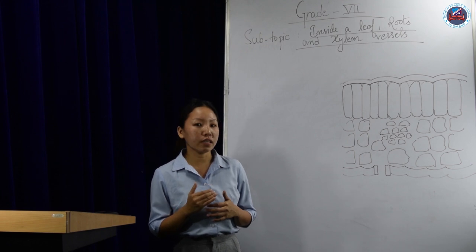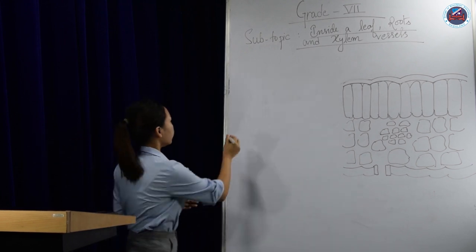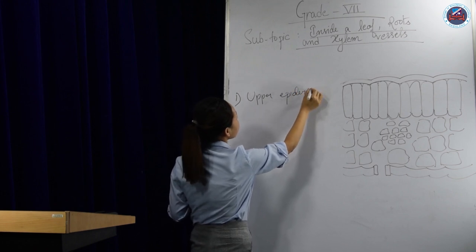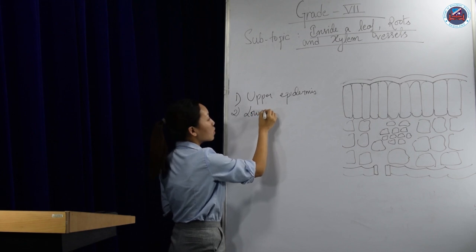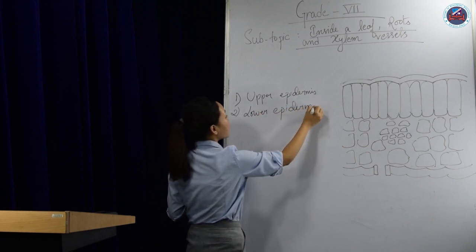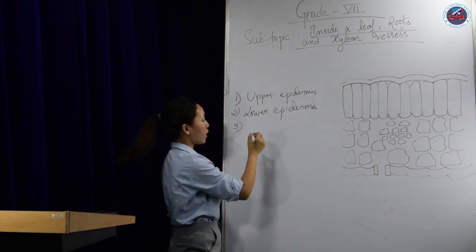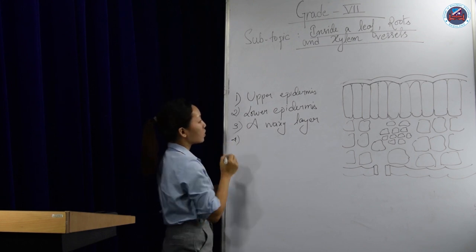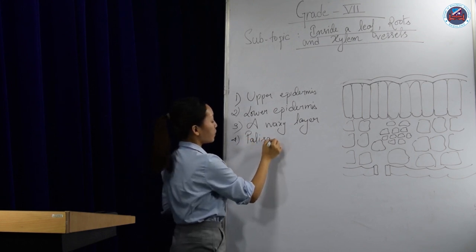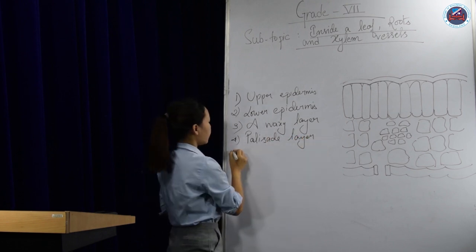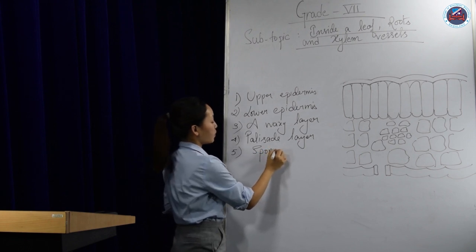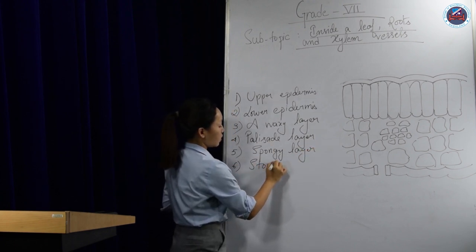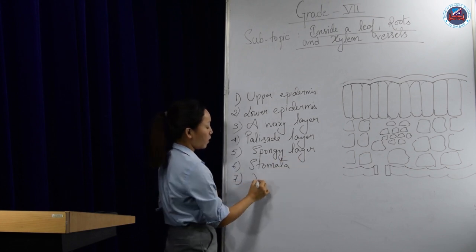The cross-section of a leaf comprises of upper epidermis, second, we have lower epidermis, third, we have a waxy layer, fourth, we have palisade layer, fifth, we have spongy layer, sixth, stomata, and the last one we have vein.